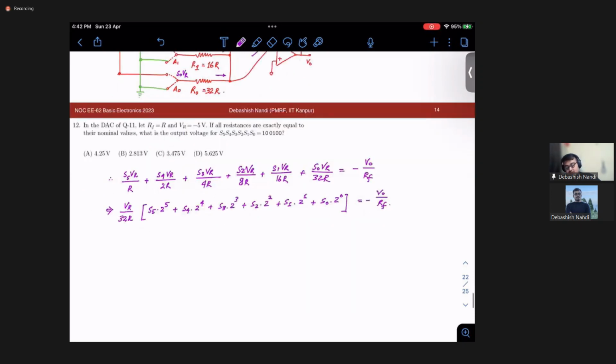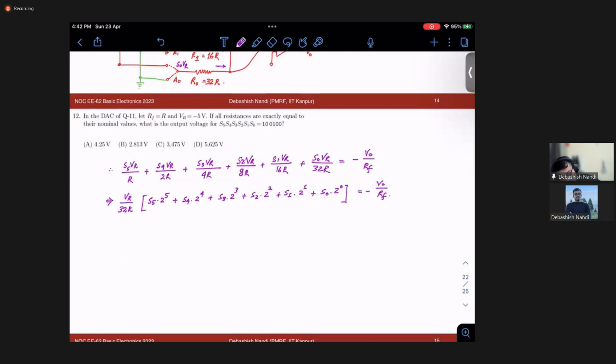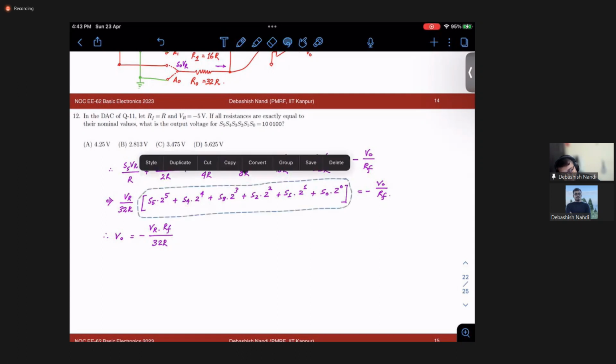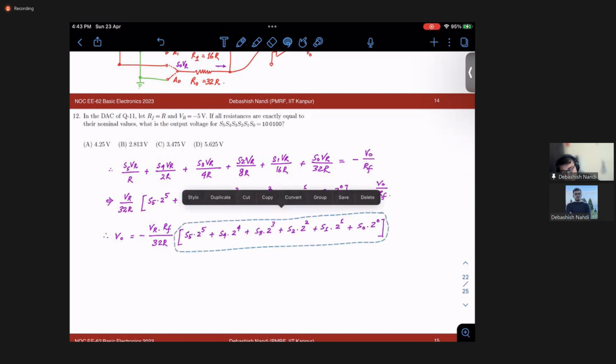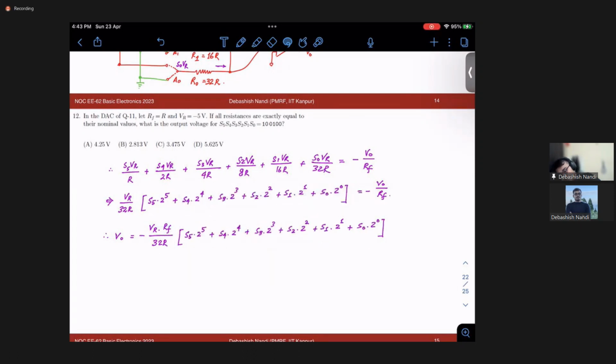Fine. So what is the output voltage? So V0 is equal to minus VR into RF divided by 32R into this stuff. Okay, so this is the value.